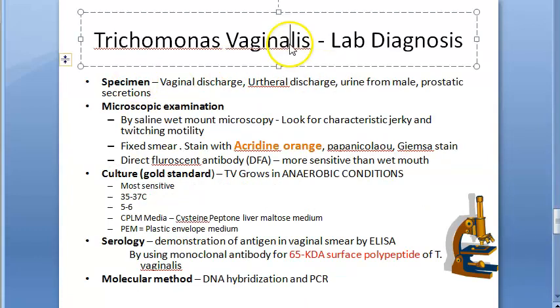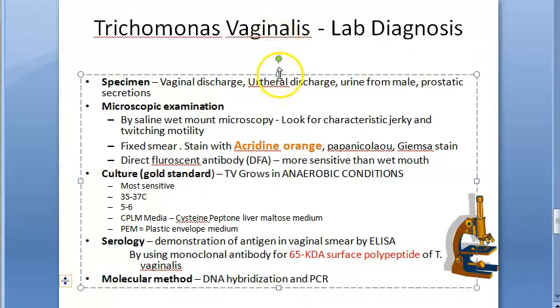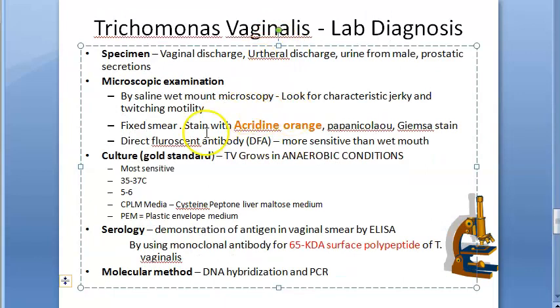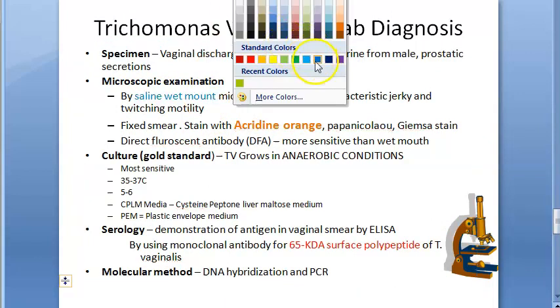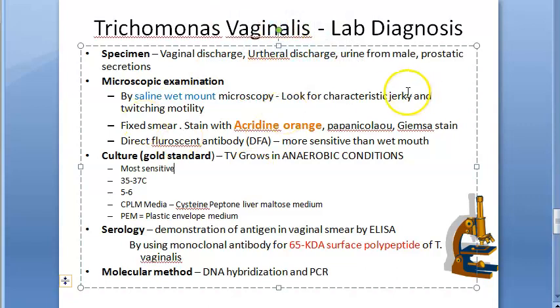Now lab diagnosis, how will we do it? You will collect the specimen, then do microscopic examination and a saline wet mount. You will observe the characteristic twitching motility. If you are using a fixed smear, you can use stains like Acridine Orange, Giemsa stain, etc. Direct fluorescent antibody, DFA, is more sensitive than wet mount.